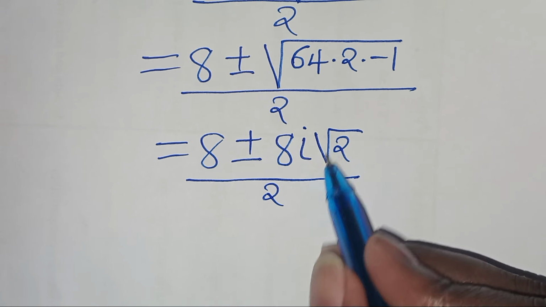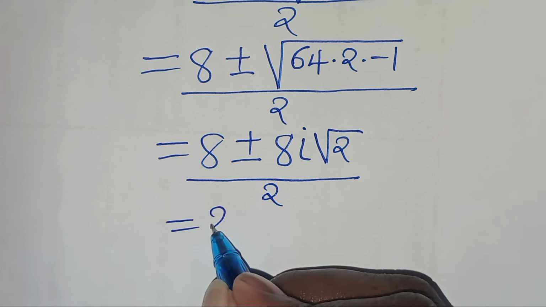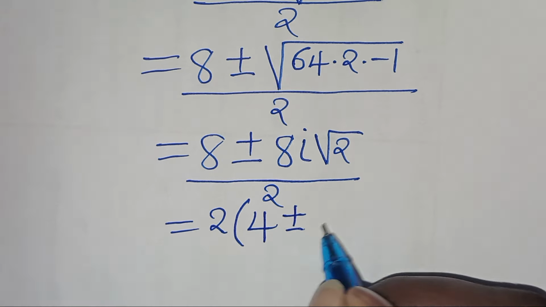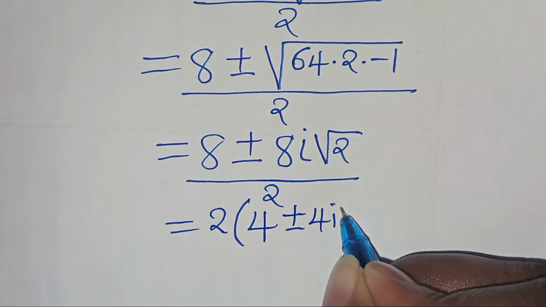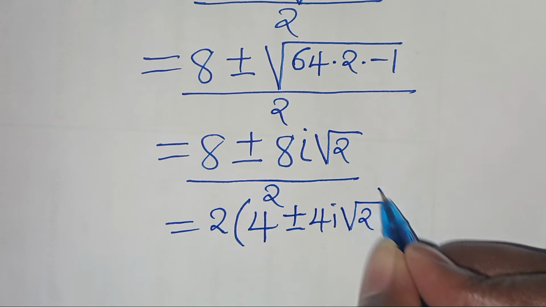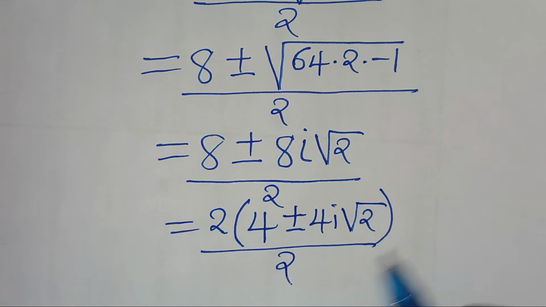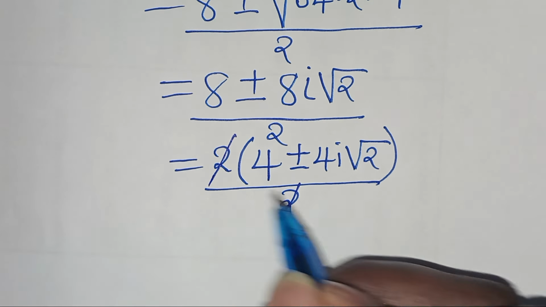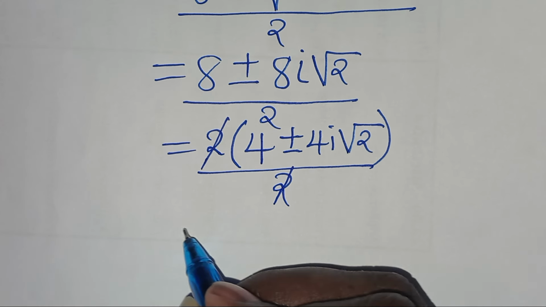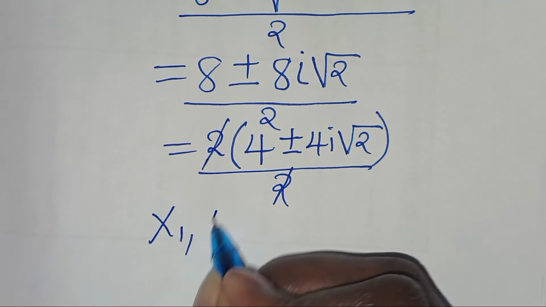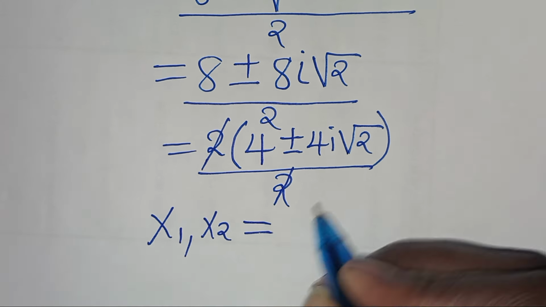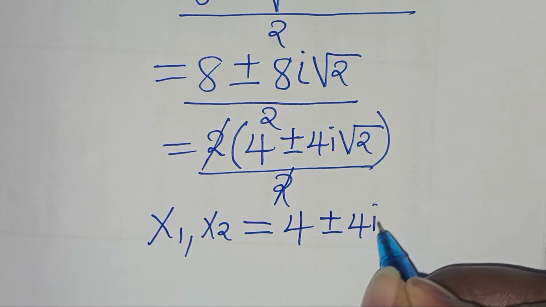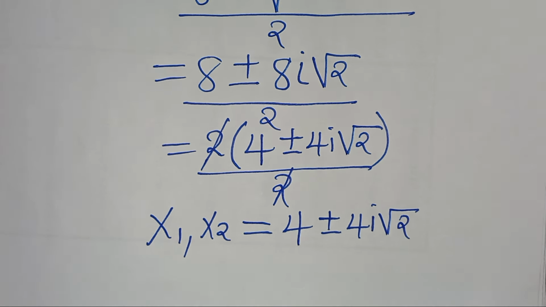In the numerator, we have that 2 is common here, so we can factor out 2, so that we have 4 plus or minus 4i square root of 2, everything divided by 2. And this implies that the 2 and 2 simplify, so that now we have x1, x2 equal to 4 plus or minus 4i square root of 2.